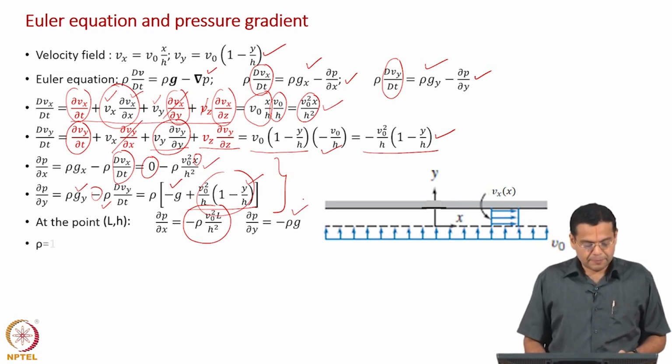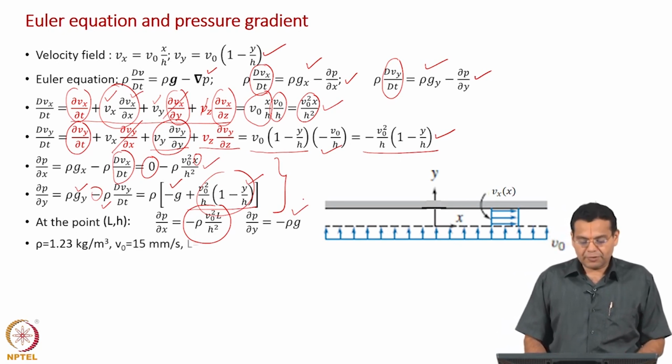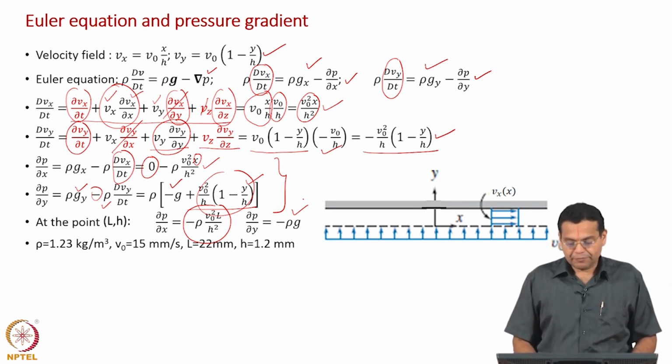So, let us find the numerical values. We are given the density, we are given V naught, we are given the half width, we are given the distance between the two plates. So, let us substitute all in SI units.